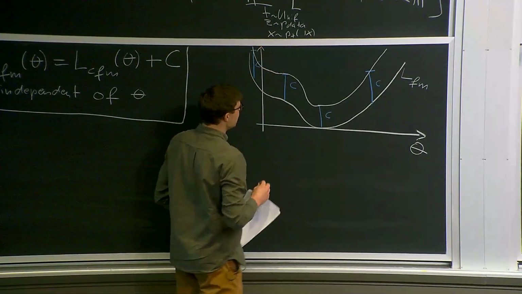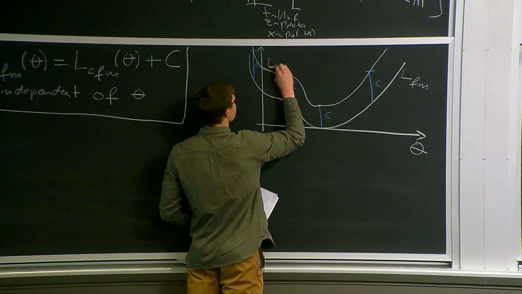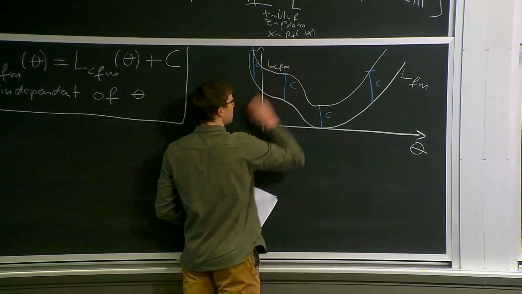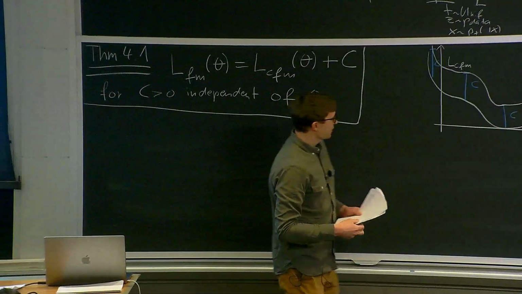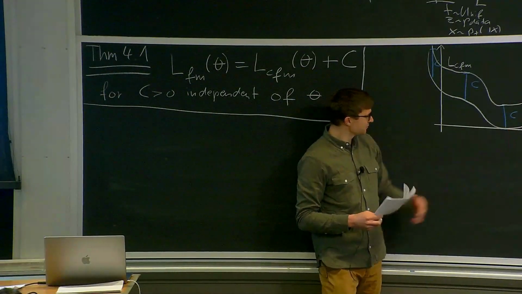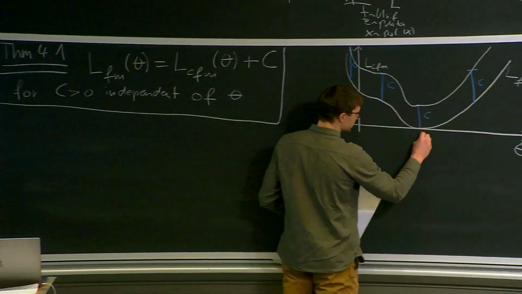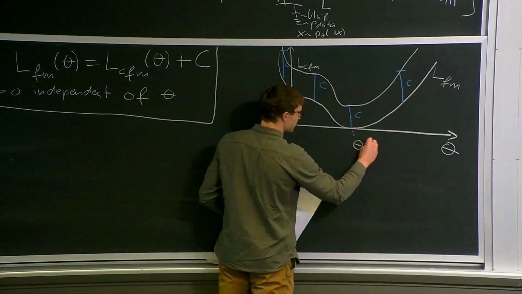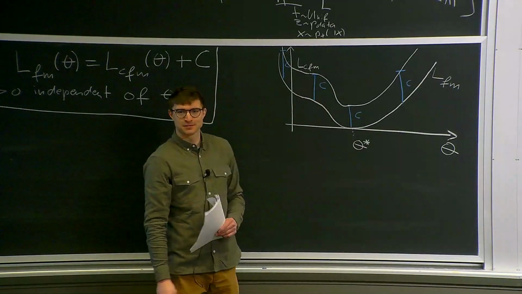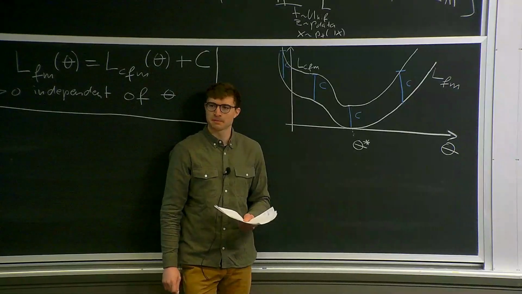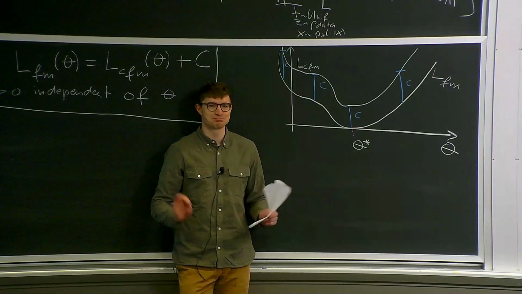All right, so we basically translated this object a bit up to achieve the conditional flow matching loss. So now, if this is the minimizer of this function, I'm going to call this theta star. What's the minimizer of this function? It's the same, right? The value is going to be different. But who cares about the value?